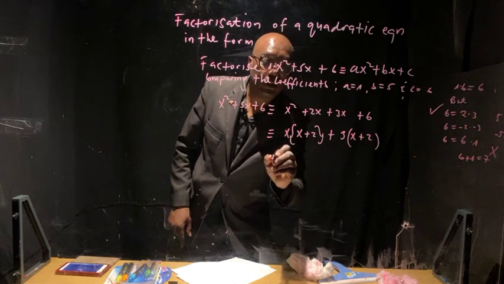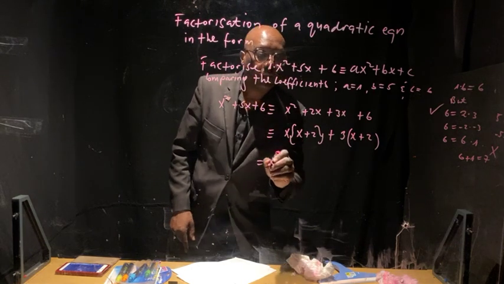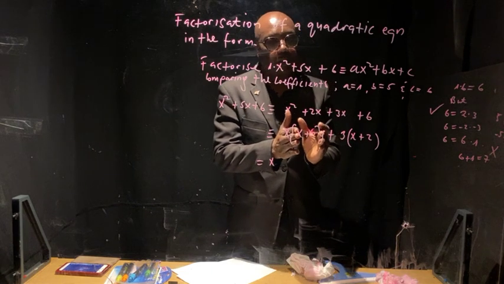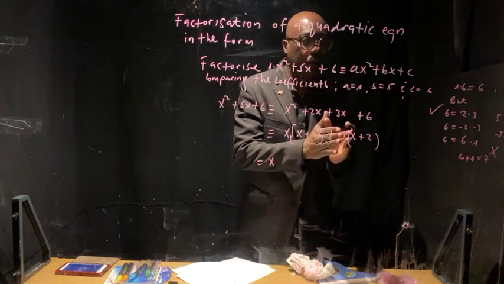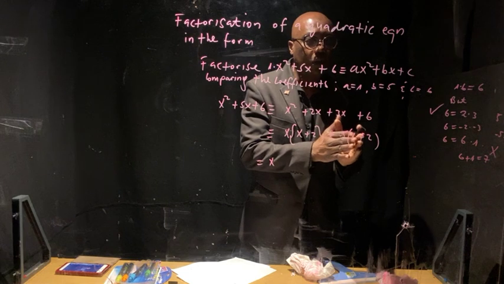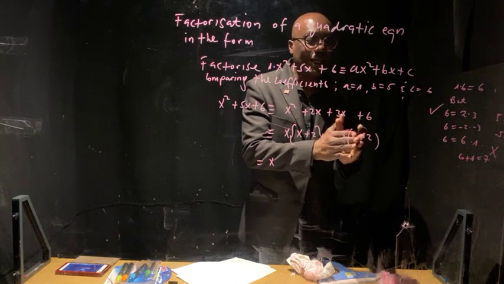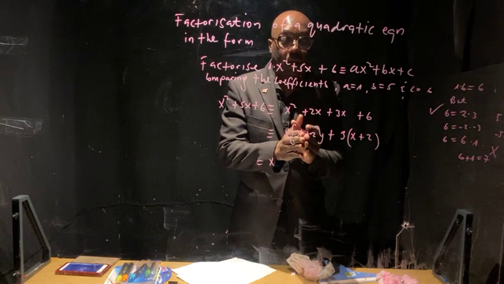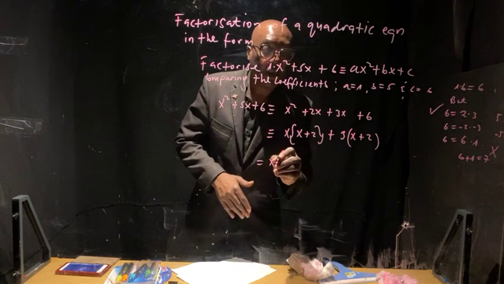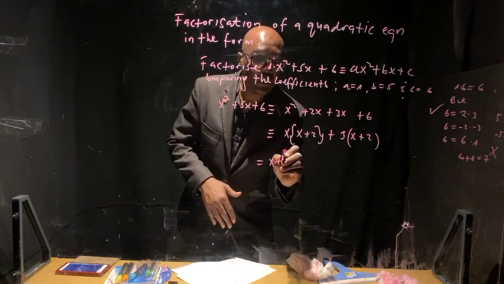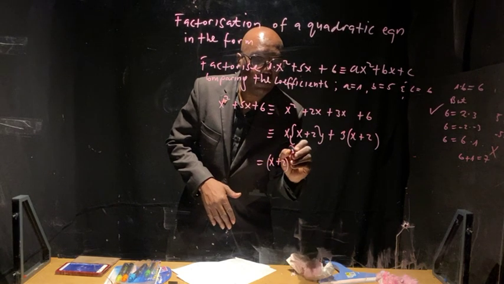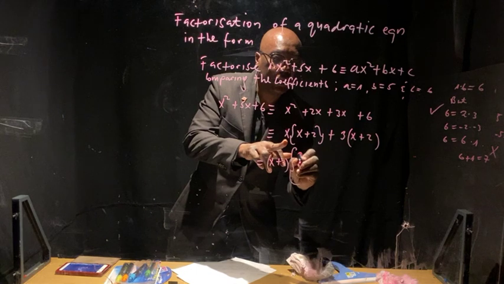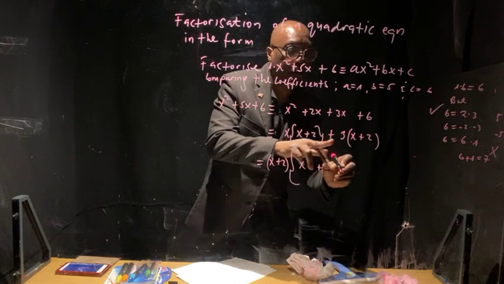Assuming this is the left-hand side and this is the right-hand side, you can see a common factor, which is x plus 2 at the right and x plus 2 at the left. So that common factor, x plus 2, I factorize it out. And then I'm left with x plus 3.